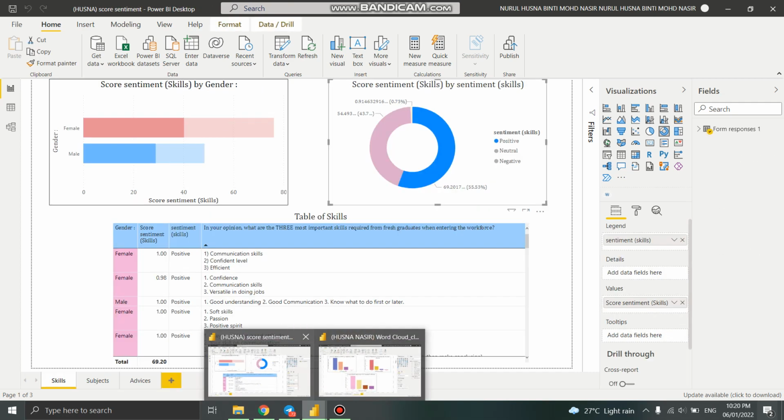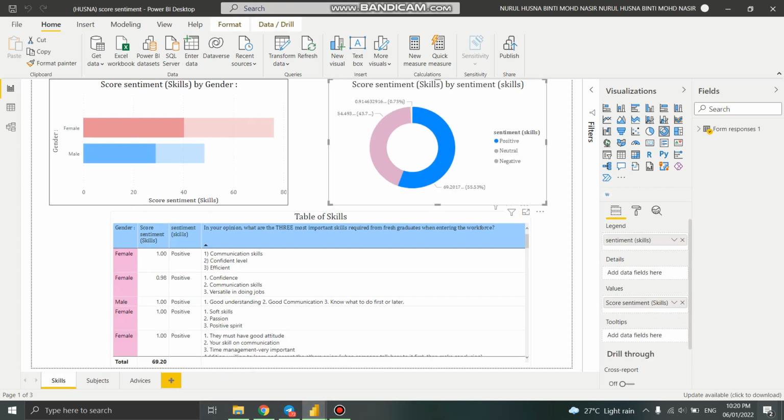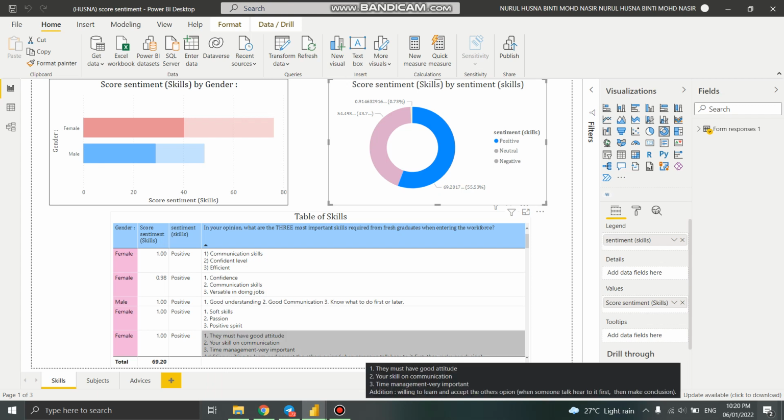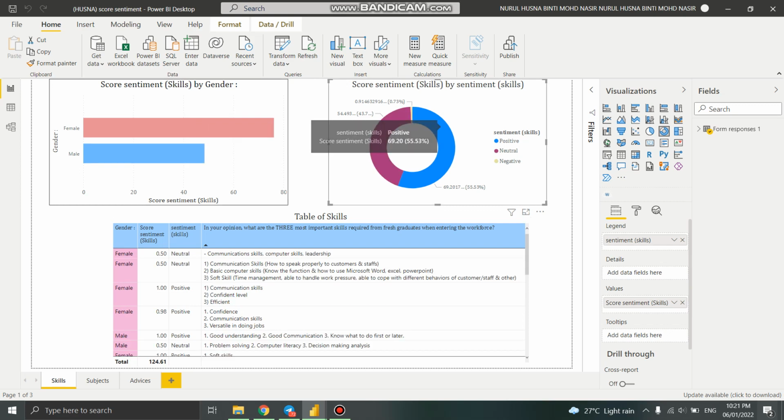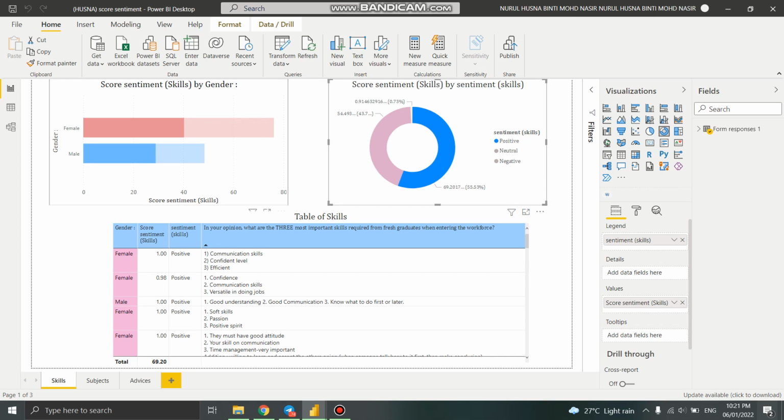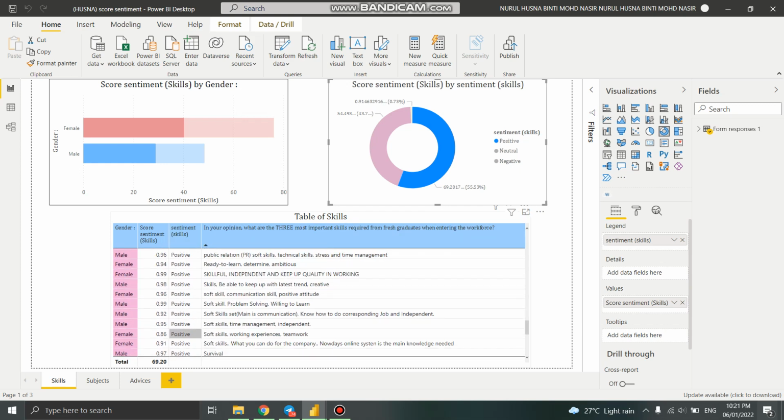Next is sentiment score. They have the visualization, which is a stacked column chart, donut chart, and table. For example, if I click positive, it shows the score for female and male sentiment, and the result for positive only.